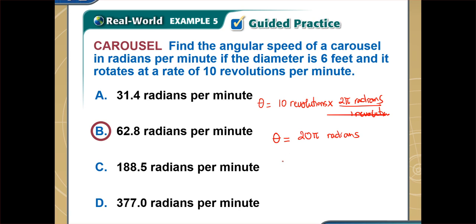Now our angular speed omega equals theta divided by t. We substitute our theta as 20 pi radian, and t in this case will be 1 minute. So this is radian per minute. Then you put it in your calculator, and it's about 62.8 radian per minute.